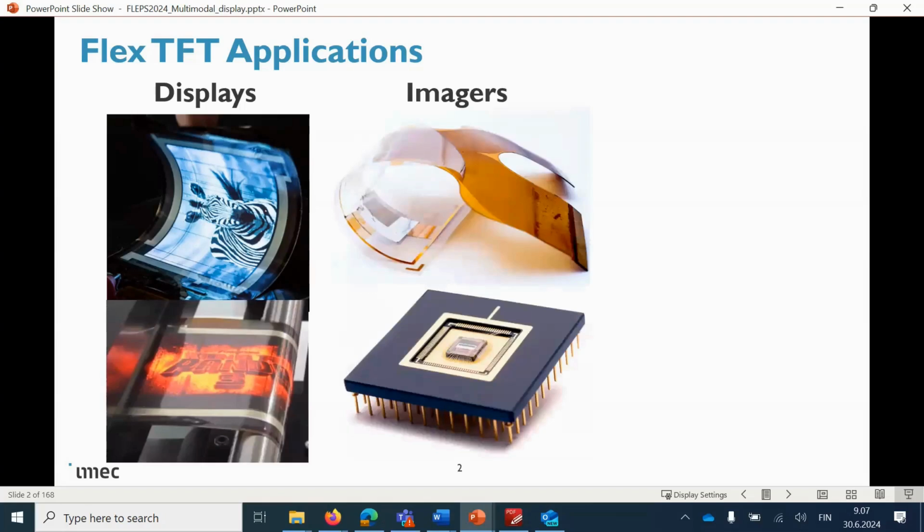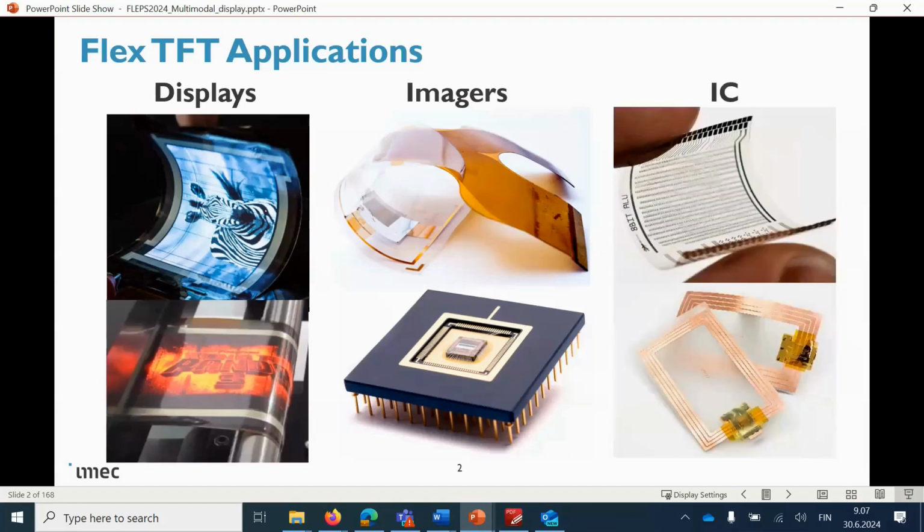There are X-ray imagers out there already for quite some years using TFT backplanes, mainly amorphous silicon TFTs. And lately, there are companies that have products on more complex IC designs, which is mainly driven by and targeting NFC, for example, NFC tags. We will talk about that also very briefly later.